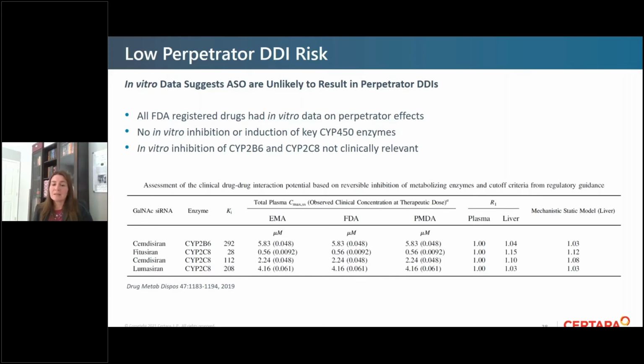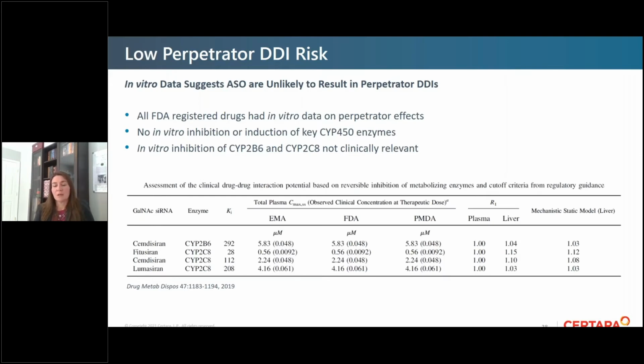In this case, they looked at the plasma as a first step, but they also considered the liver concentrations. Because GalNAc conjugates target the liver, they tend to have liver concentrations that are multiple fold higher than the plasma.